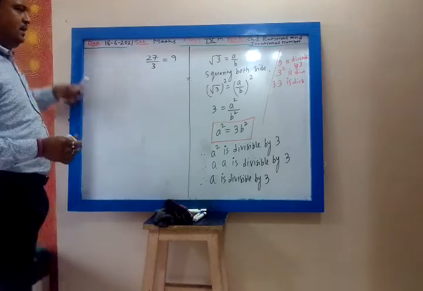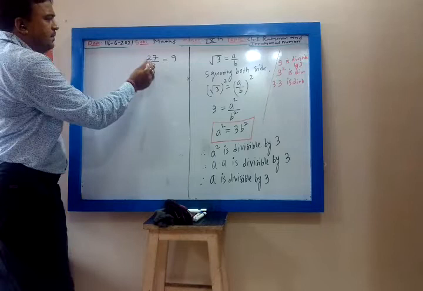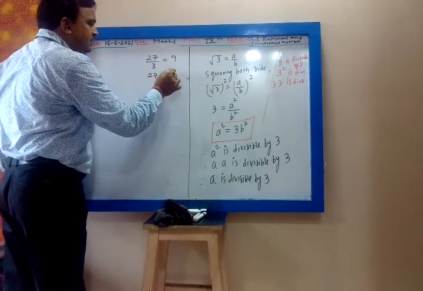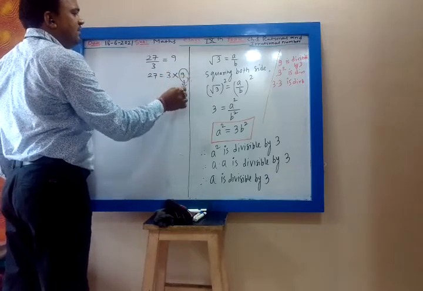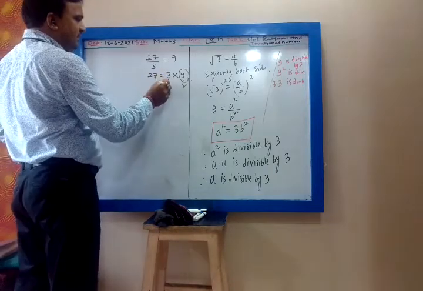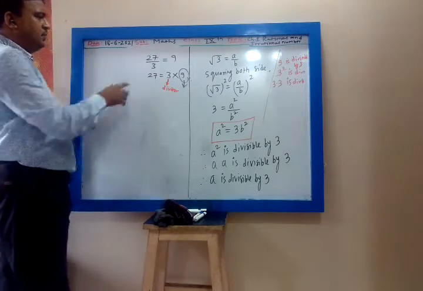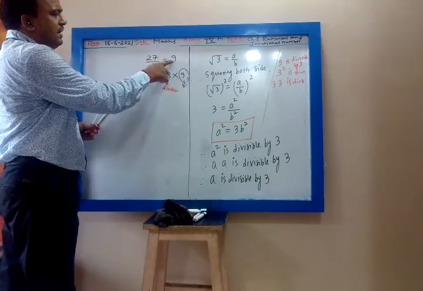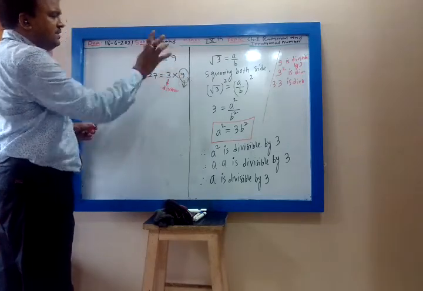That means 27 can be written as 3 into 9, where 9 is some other number, and this is my divisor. So 27 is divisible by 3 means 27 upon 3 can be written as 9, so 27 can be written as 3 into some other number, that is 9.